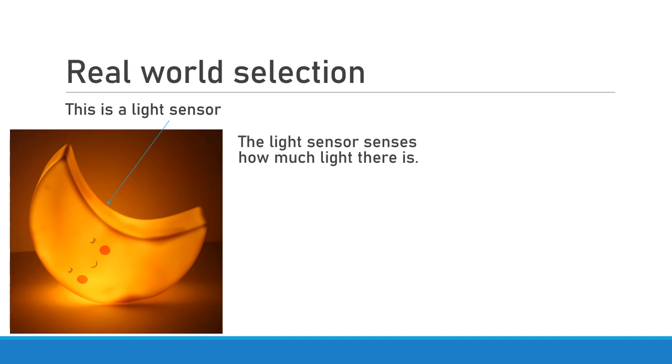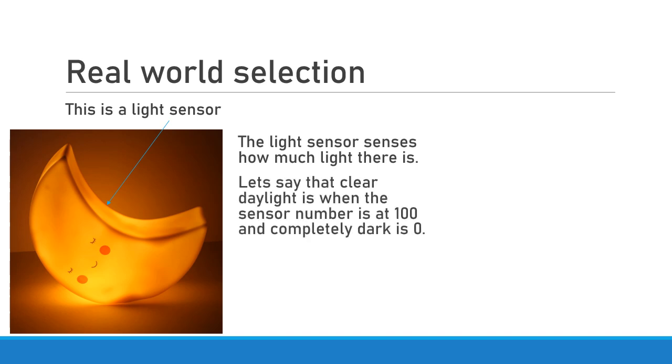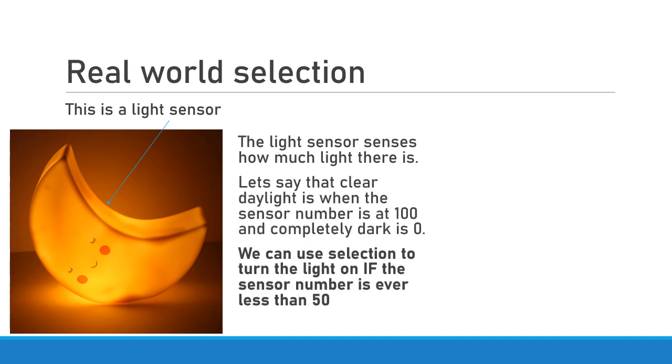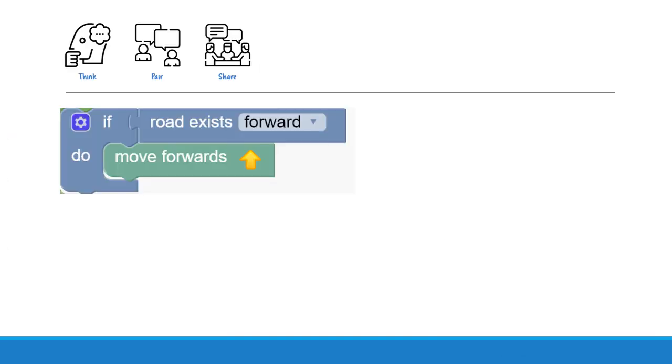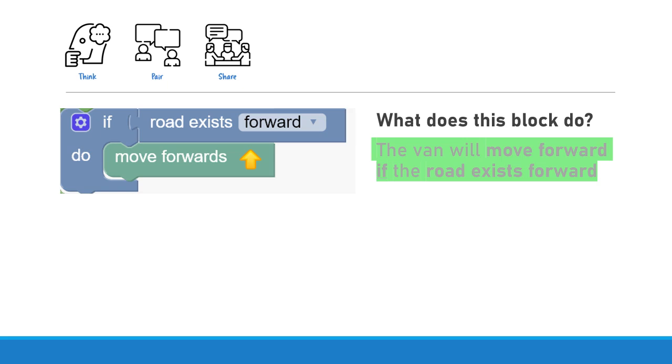Remember that we also did this when we created our night lights last year. We asked if the light level in the room was ever less than 50, and if so, we turned all the lights on. If not, we kept them off. And we did this in Rapid Router too, where we asked questions like if the road exists forwards or left or right, we would do a certain action based off of that.